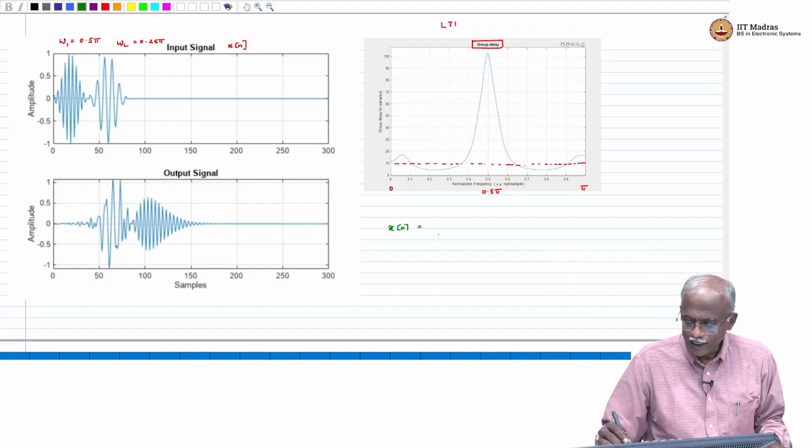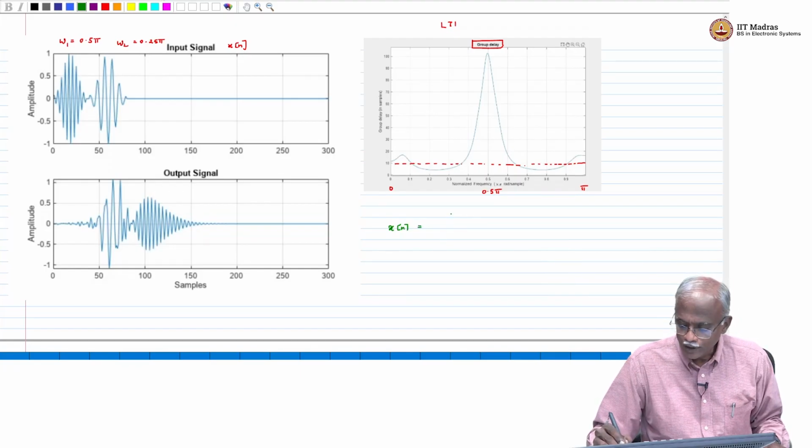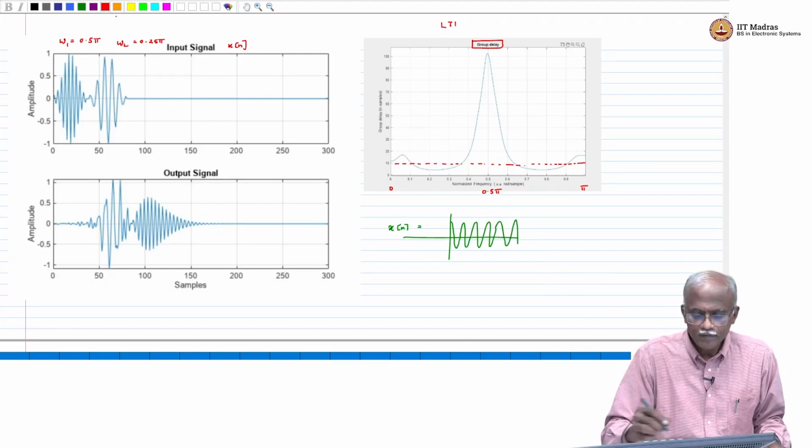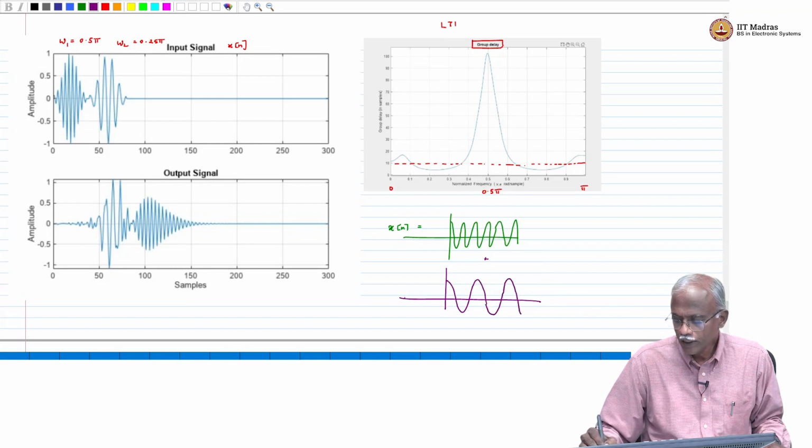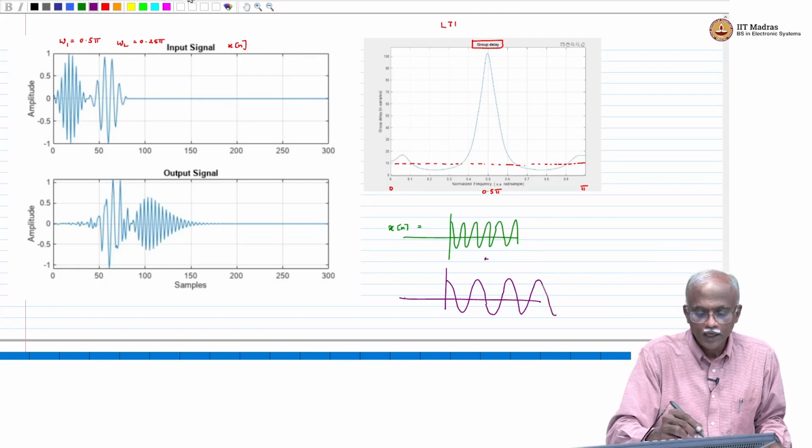You can think of it like this. I have two frequencies. One is a high frequency continuously going from minus infinity to infinity, and I have a low frequency. So this is what is happening in terms of the two signals.